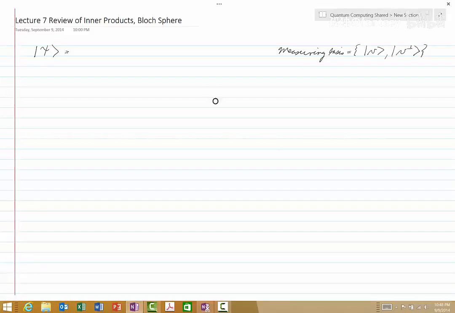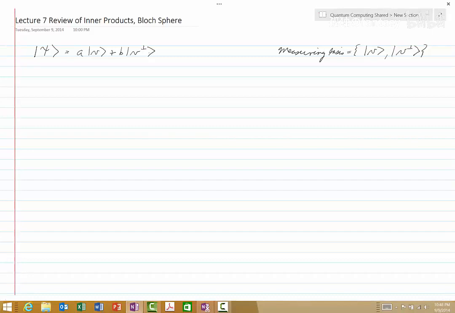We could write it as A multiplied by V plus B multiplied by V orthogonal.